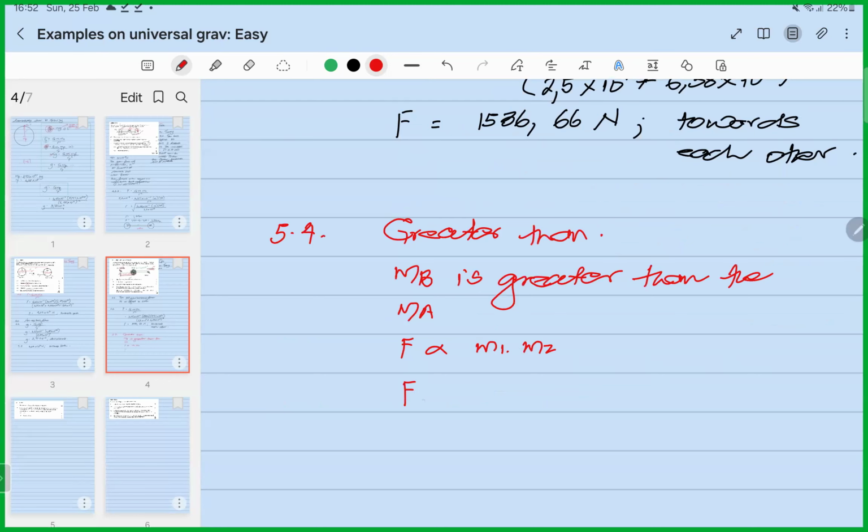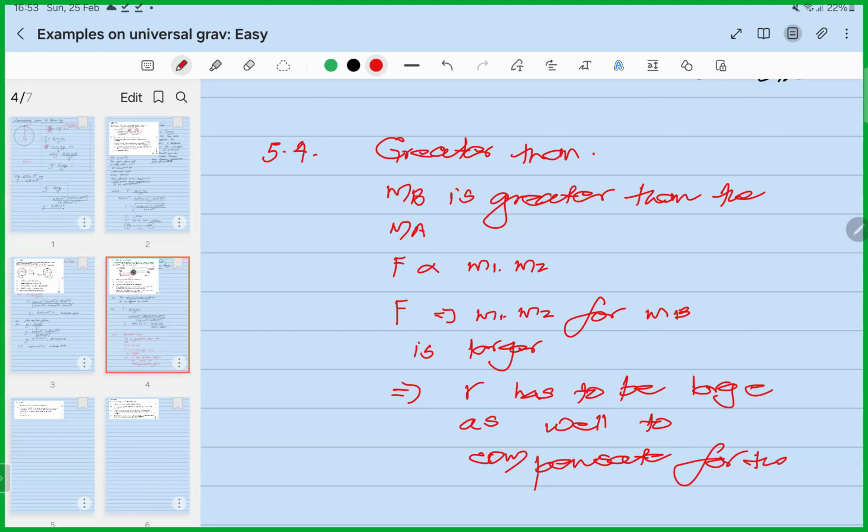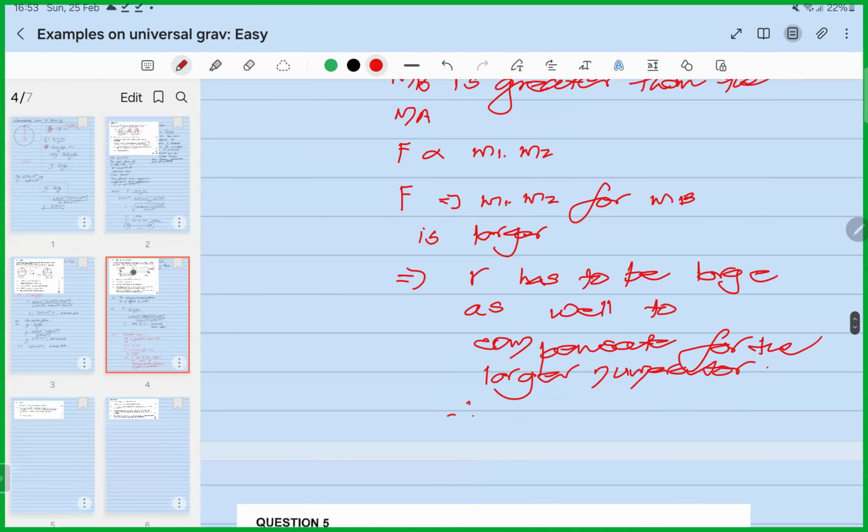Therefore, if m1 times m2 for mass B is larger, the numerator is larger, which implies then that r has to be larger as well to compensate for the larger numerator. Therefore, the distance is bigger.